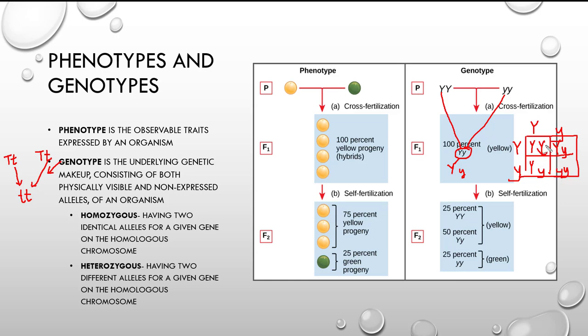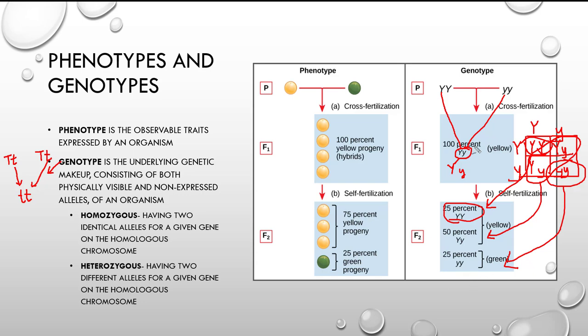I would have about a 25%, a 1 out of 4 chance of getting homozygous dominant, a 50% chance of getting heterozygous, and a 25% chance of getting homozygous recessive. So you can see where we're getting all these numbers from just by doing that Punnett square.